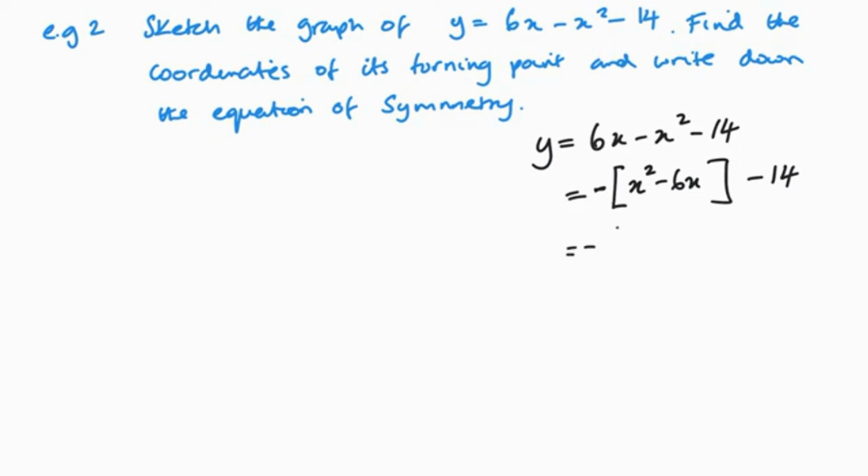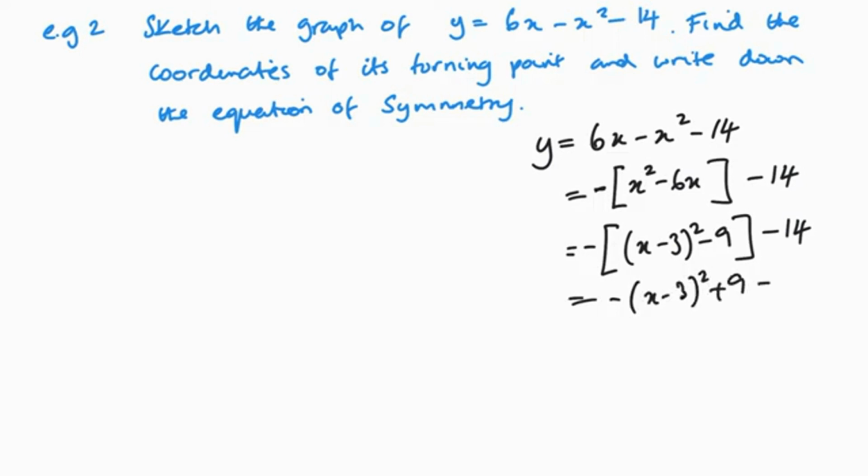And doing this just makes our life so much easier. So we get x minus 3 squared minus 9 inside the brackets, and then we've got a minus 14. And when I apply this minus sign to my bracket, what I get is minus x minus 3 squared plus 9 minus 14.